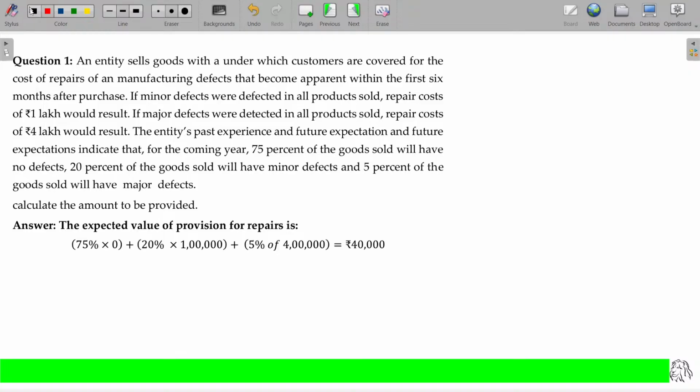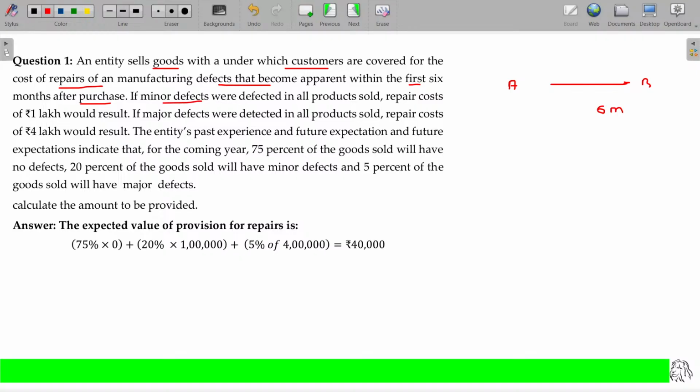An entity sells goods with which customers are covered for the cost of repairs of manufacturing defects that become apparent within the first 6 months after the purchase. So A to B, 6 months warranty is there.